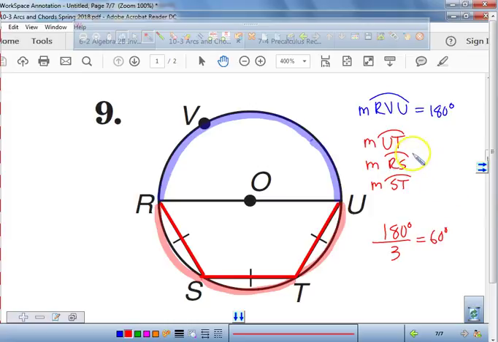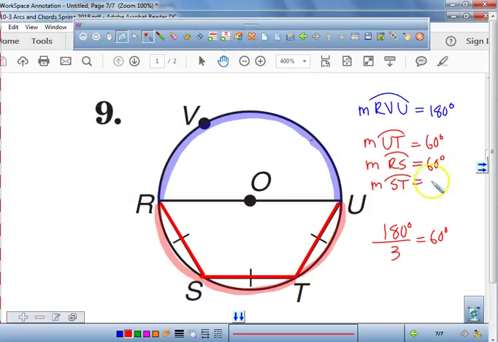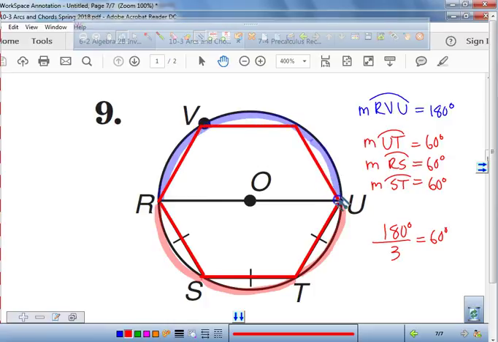So we do 180 divided by 3, and you get 60, 60, and if it'll let me draw, 60. There we go, 60, 60, 60. And so, what you were saying is that it kind of looked like a regular hexagon.